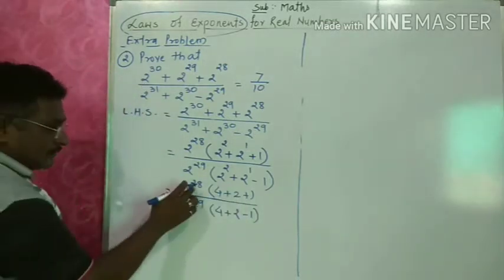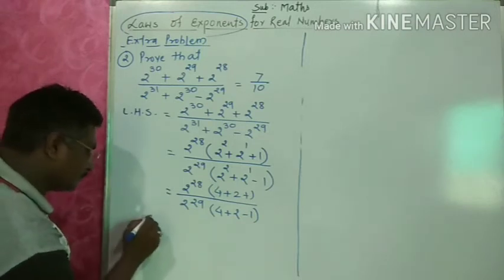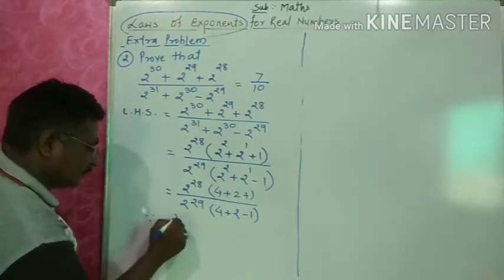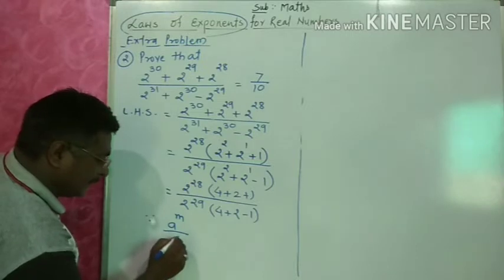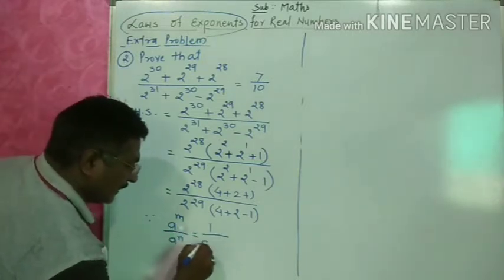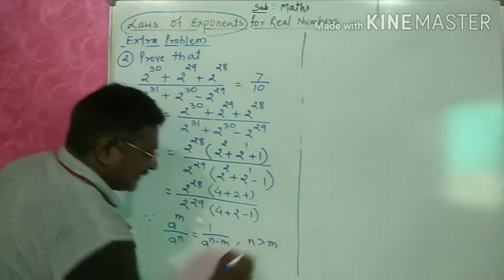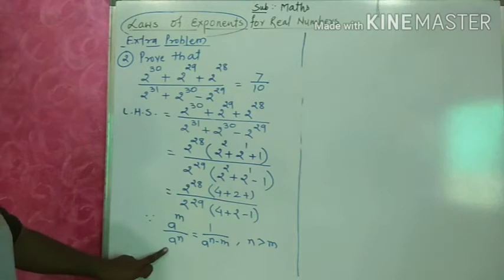Now, according to the laws, a raised to the power m divided by a raised to the power n is 1 by a raised to the power n minus m, where n is greater than m. Here we have to use this law.